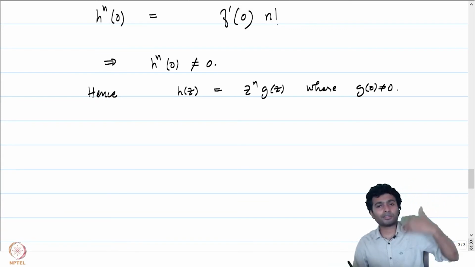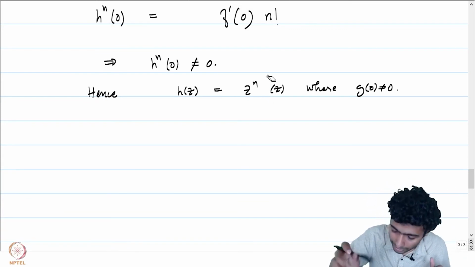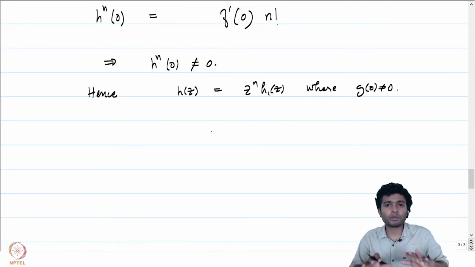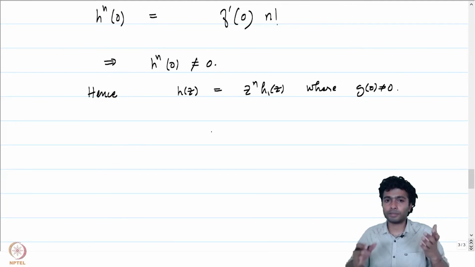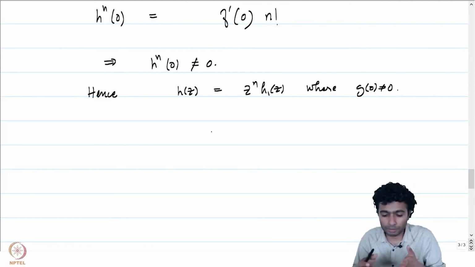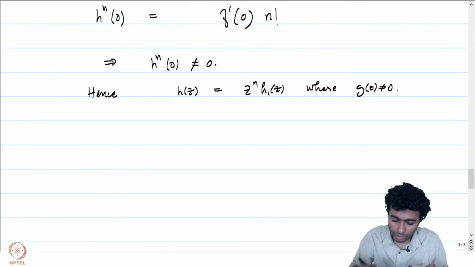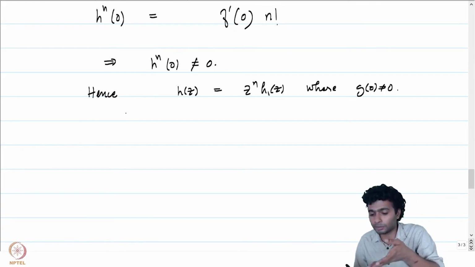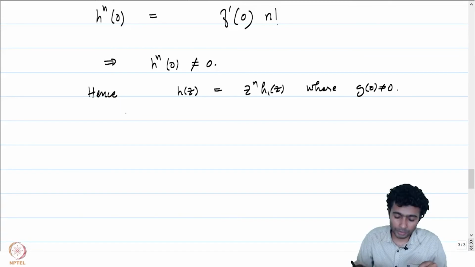Now let's invoke, this g might be a bad idea, let's call it h1(z). Now we have some amount of knowledge about how a function behaves locally in a neighborhood of 0, especially when we know its multiplicity at that particular point. Here we know that h(0) is equal to 0, and therefore h(z) minus 0, which is equal to h(z), has multiplicity n at 0.